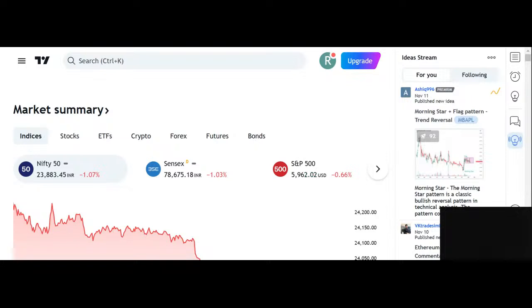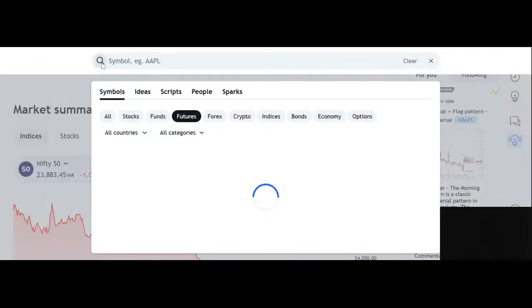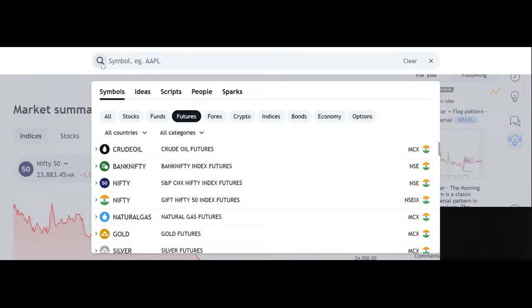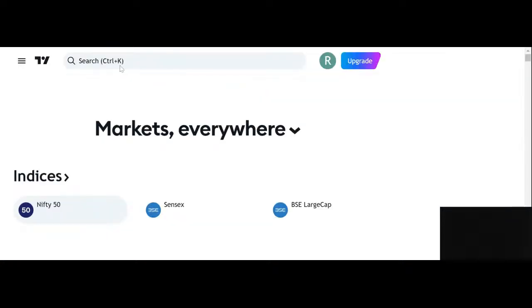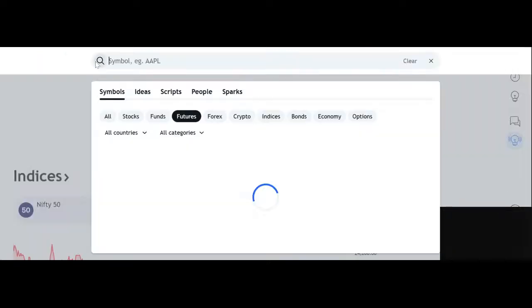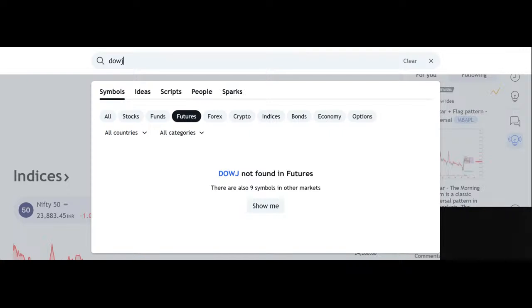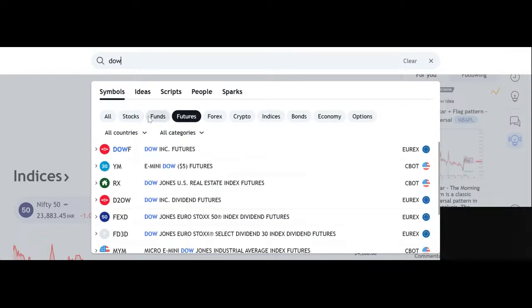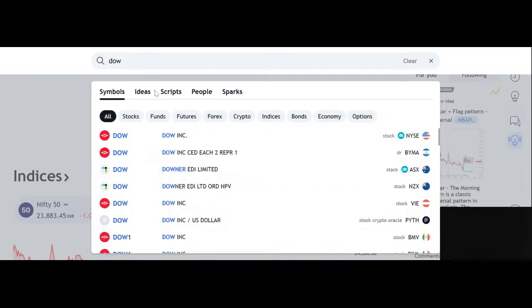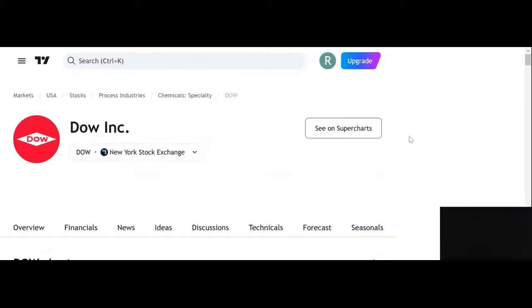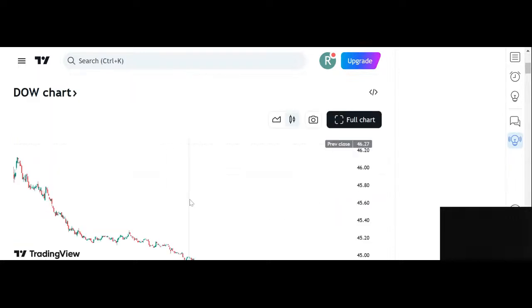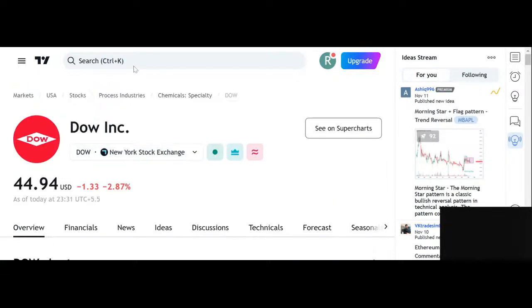Okay. So let us go initially with the Dow Jones. What is the Dow Jones doing today? Dow Jones futures. You see, this is an NYC, and we'll see the Dow Jones. This is a different one.